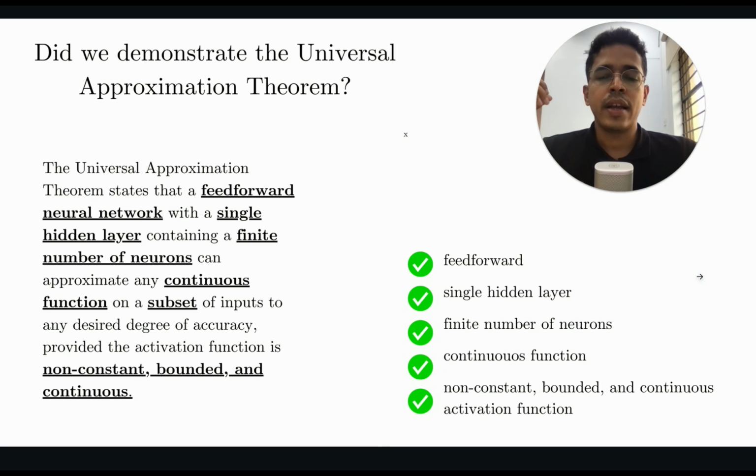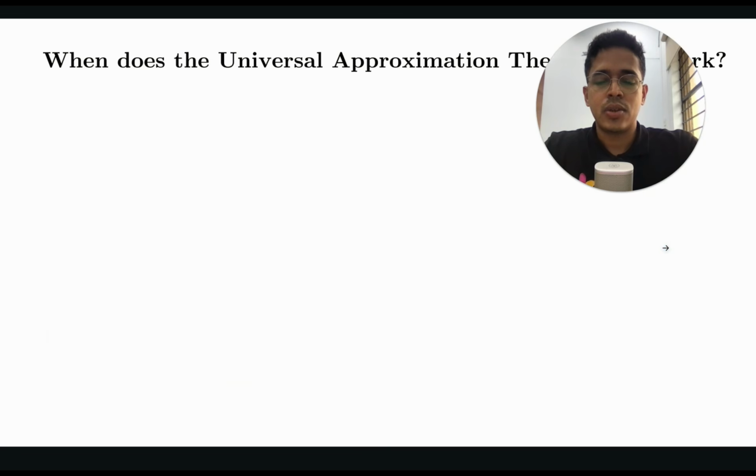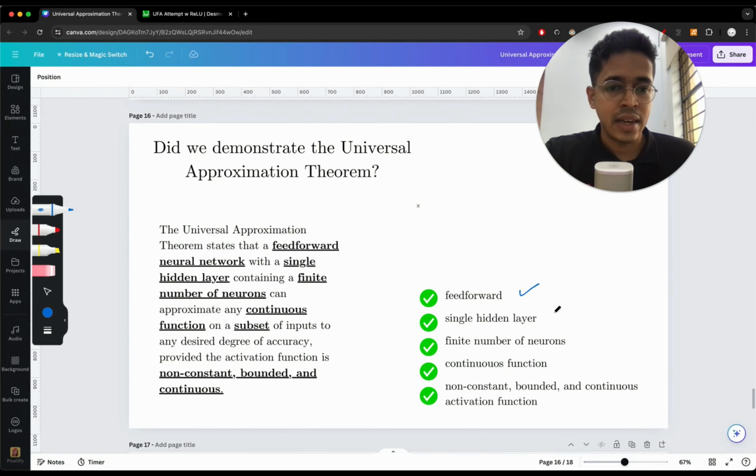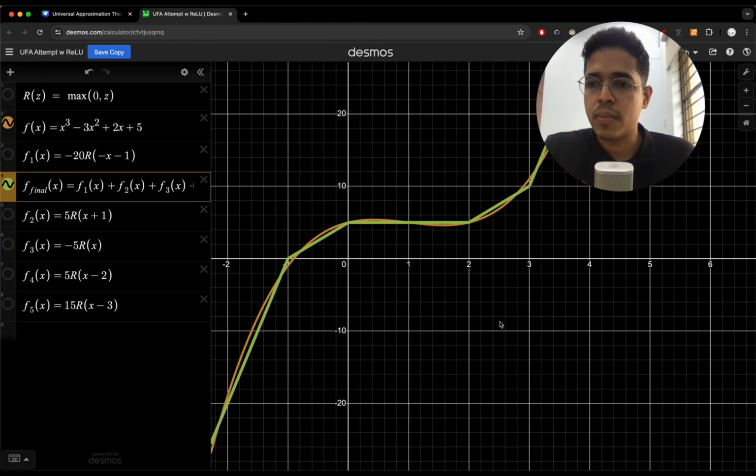And now we are able to approximate the function that we originally selected. So let me just write it down here so that you know the feed-forward neural network part was correct. Single hidden layer, so the number of hidden layers was 1. 5 nodes within the input layer. Continuous function. Yes, it was a continuous function. x cube minus 3x square plus 2x plus 5.